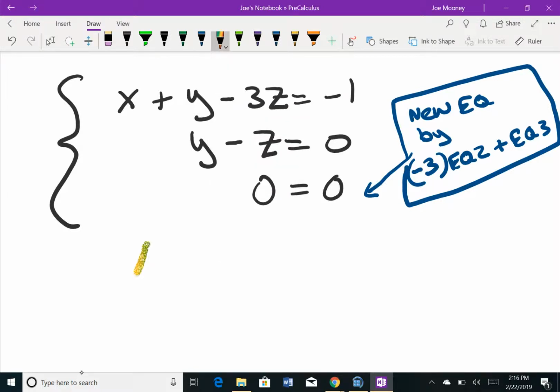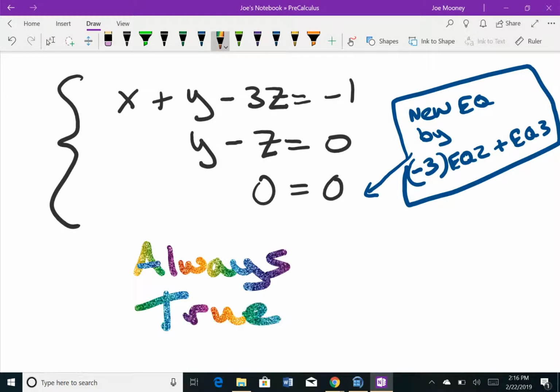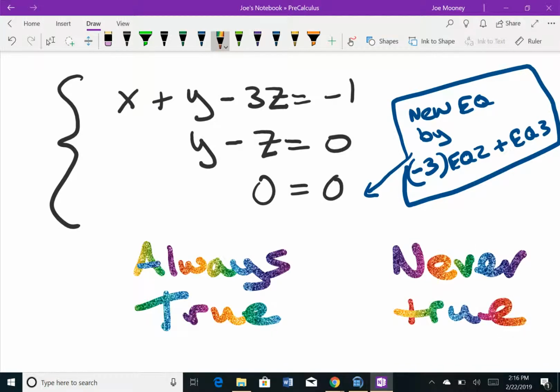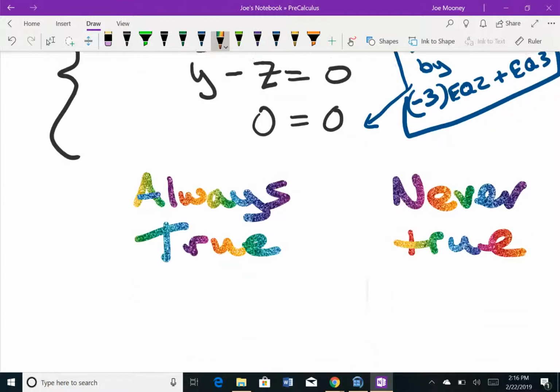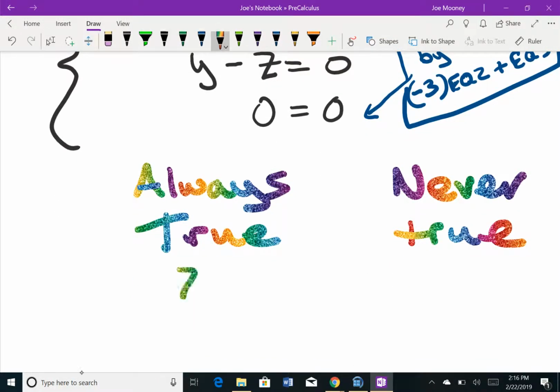This is what you need to think about. Is 0 equals 0 always true, or is it never true? Always true. So an always true statement would be 7 equals 7, 11 equals 11.